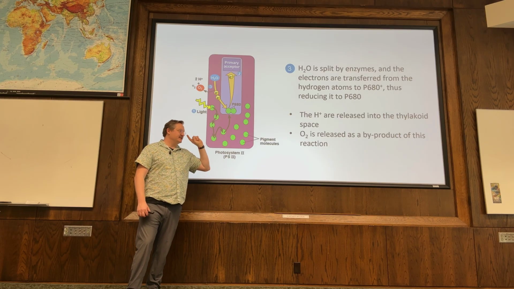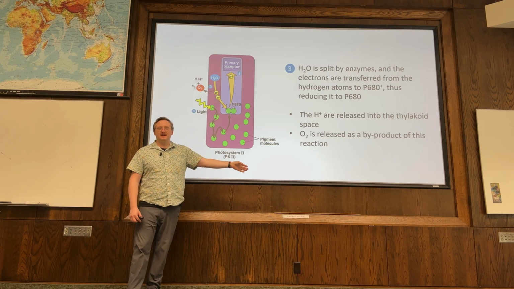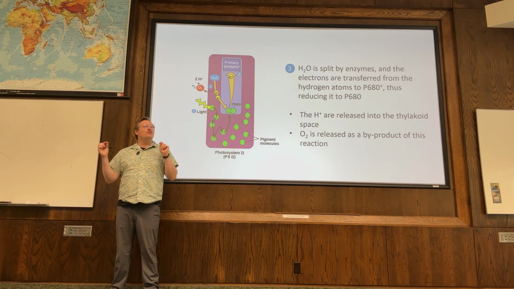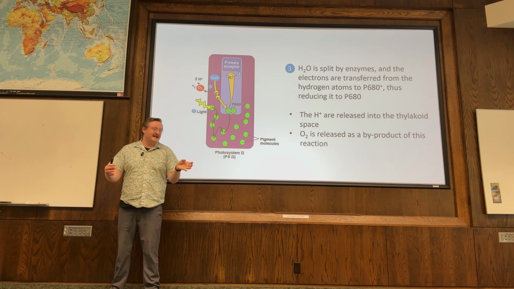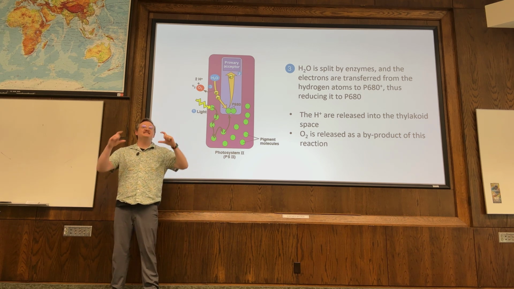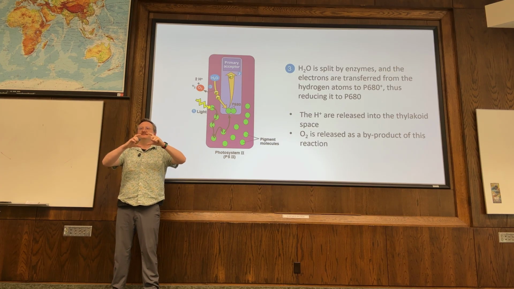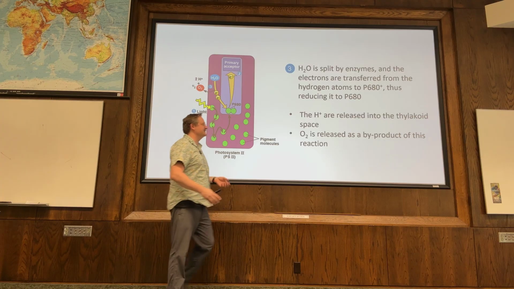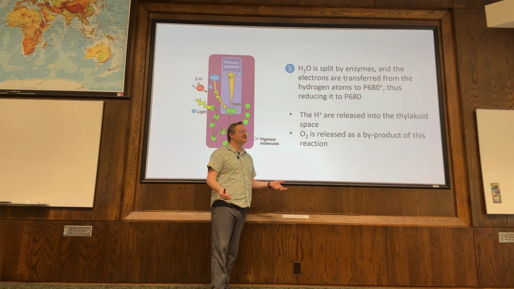This is beneficial to know, because you might be asked questions about which direction the protons get pumped, okay? And if the protons are released into the thylakoid space already, it makes sense that that's where you're concentrating protons, right? There's a highly evolved system, so it's going to have efficiencies like that built into it, usually.